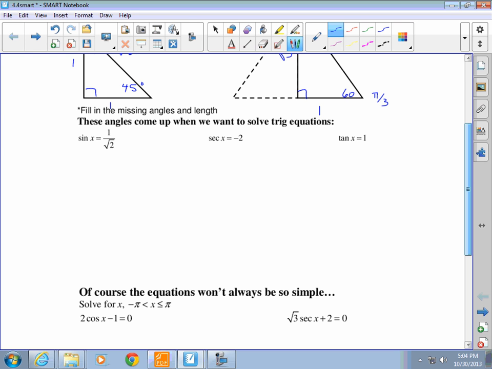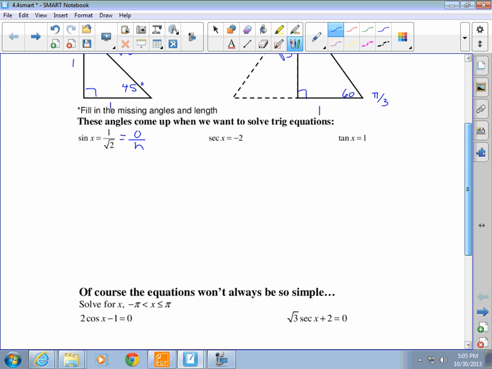So the first thing you do is take a look and decide which of my special triangles has that square root 2 value in it. So of course this is our 45, 45, 90 triangle. So I know that that's the one I'm going to be dealing with. I have sine is equal to opposite over hypotenuse, so those are the ratios that I'm dealing with.